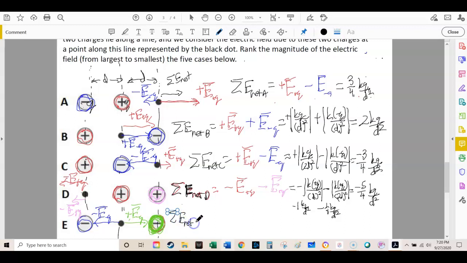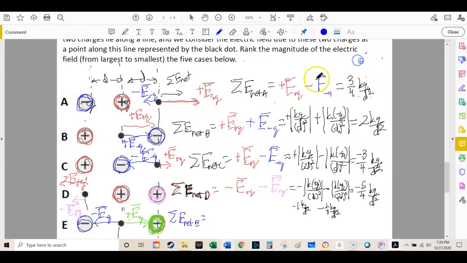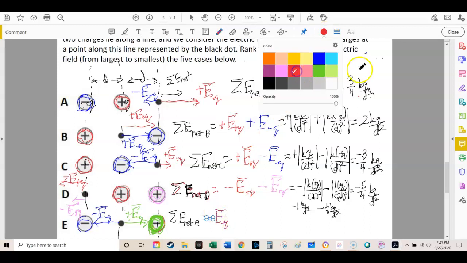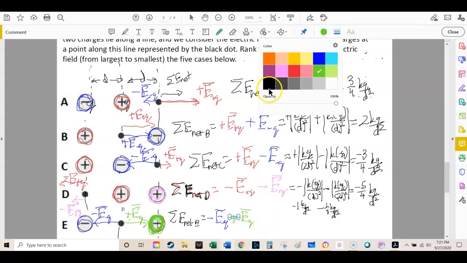Net electric field due to E, which is going to end up being the negative Q electric field, plus the green negative Q charge electric field pointed to the right.